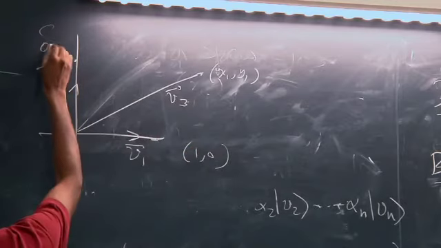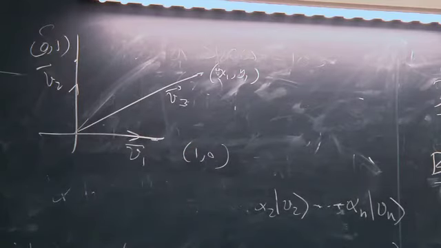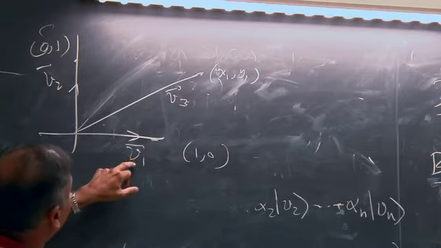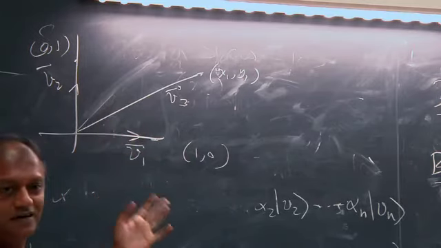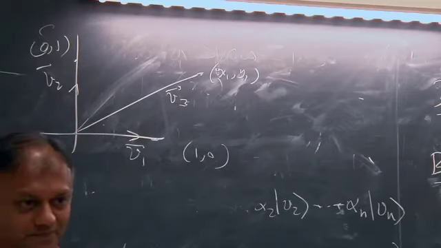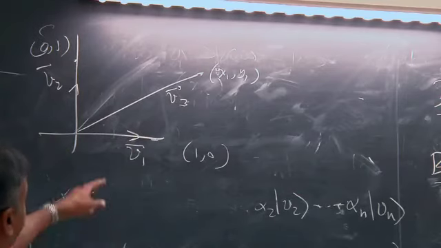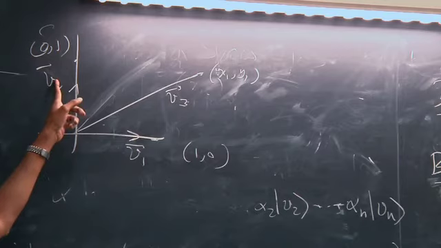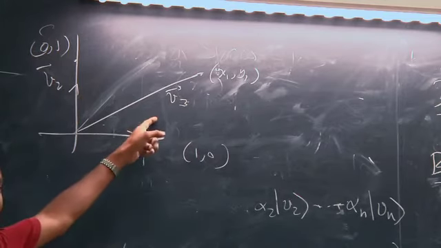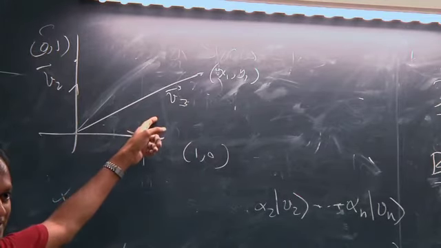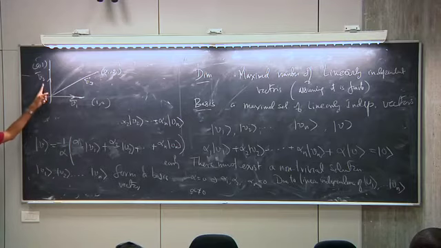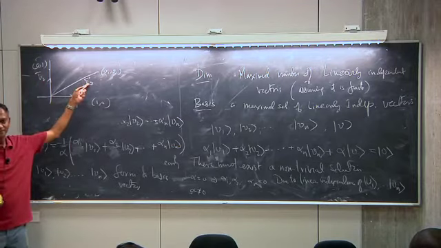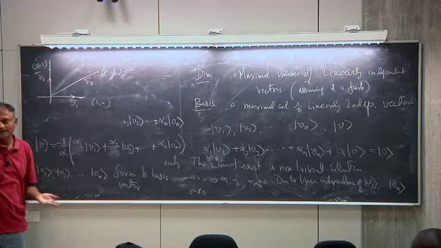This was 0, 1. In this example, we said if I take v1, v2, v3, all 3 of them, they are not linearly independent, right? But if I take just v1 and v2, they are linearly independent. If I take v1 and v3, they are also linearly independent. So I could have chosen my basis as v1 and v2, or as v1 and v3. There's no problem with that.